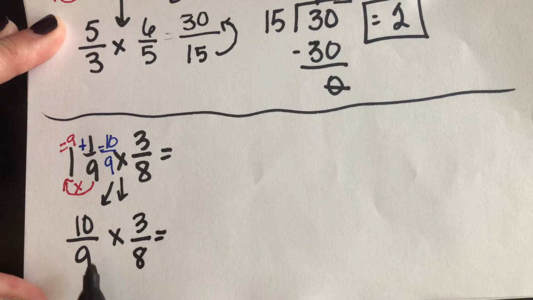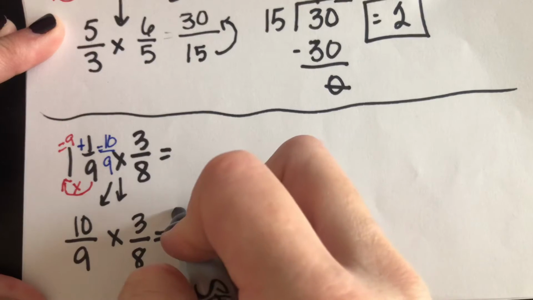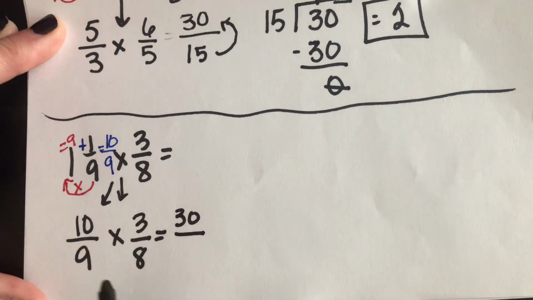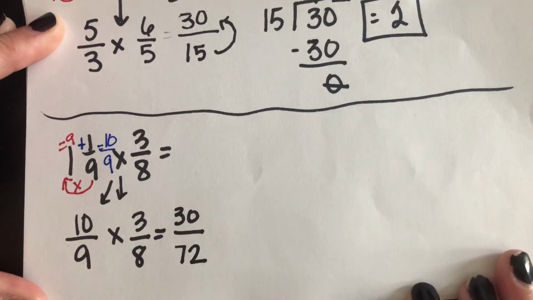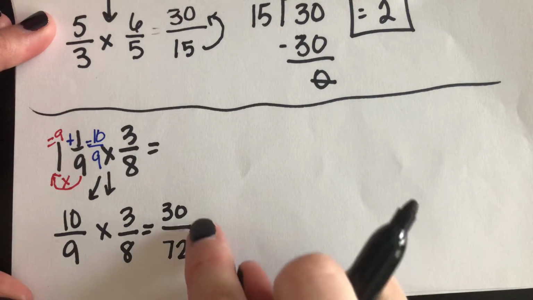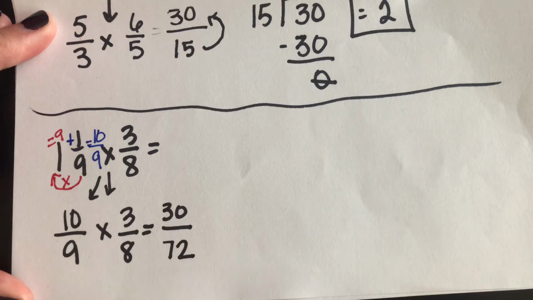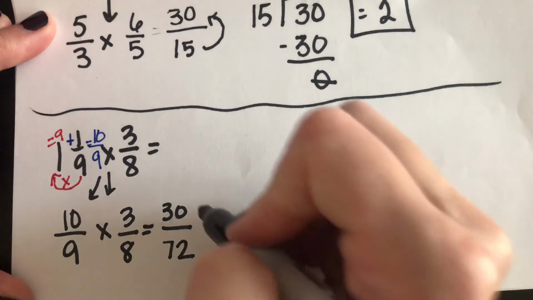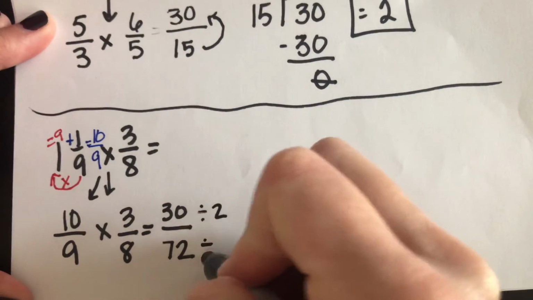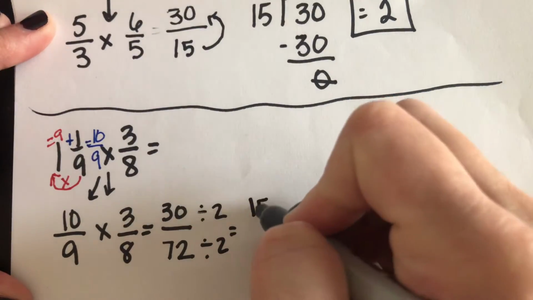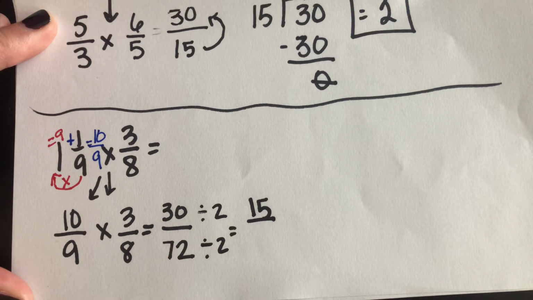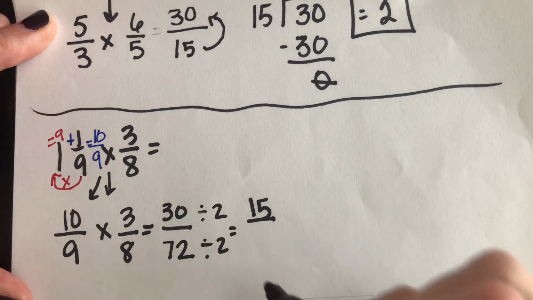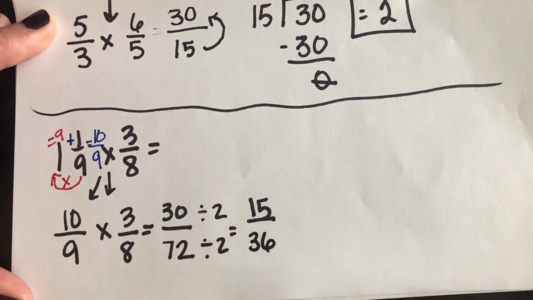Now I just multiply my numerators. 10 times 3 is 30, and 9 times 8 is 72. Here I have a fraction, 30 over 72, and it can be simplified. I know they're both even, so I'm going to divide them by 2 to make the numbers smaller. 30 divided by 2 is 15, and 72 divided by 2 is 36.